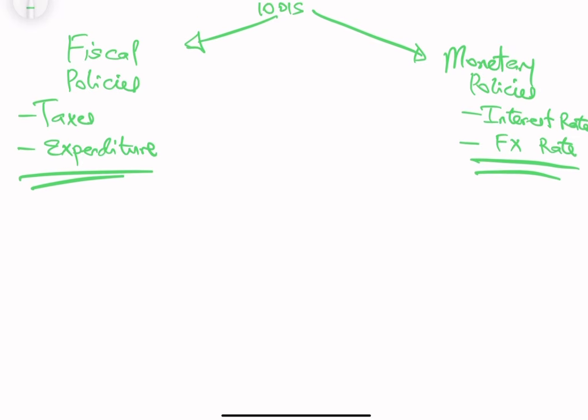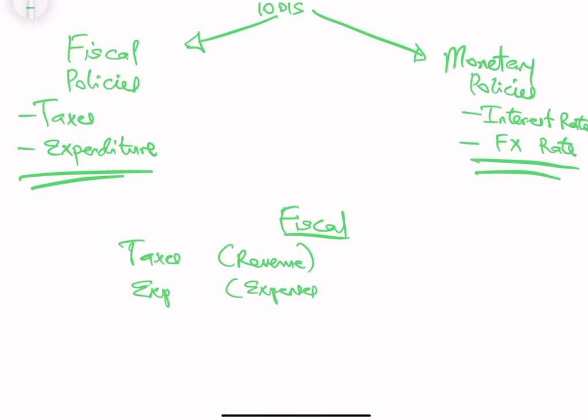Let's quickly summarize them, starting with the fiscal policy. Remember, fiscal policy is looking at taxes, which will be the source of revenue for government, and expenditure is expenses for them. Usually, when they do budgets, they expect money to come in from here, and their expenses will be outflow here.